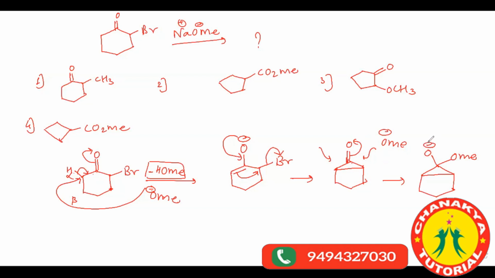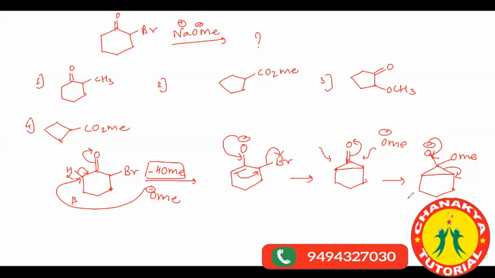And for the opening of that, what happened? This negative charge has been utilized to form an oxygen and carbon double bond, and this three-membered ring would suddenly open, and it will form a negative charge over here. Correct?